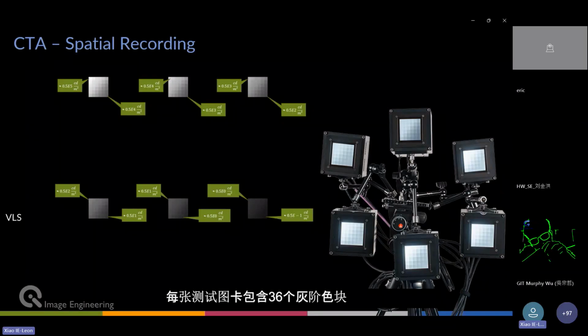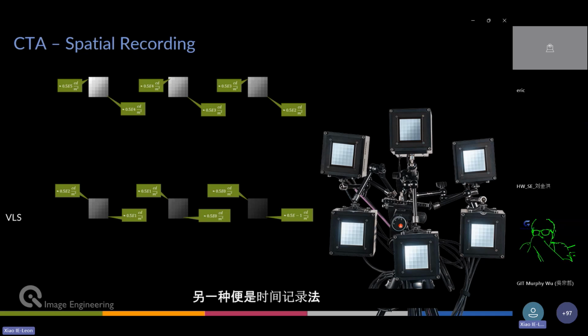Each target has 36 patches. So that means that you have 216 luminances in the scene. And that means spatial, so different luminances are recorded at different spatial positions. That is the spatial recording, with 6 light sources.